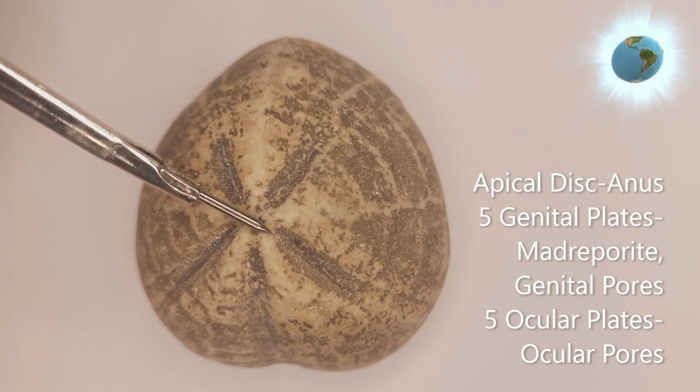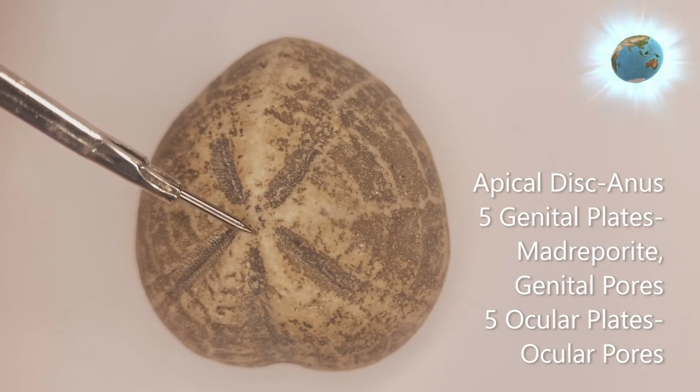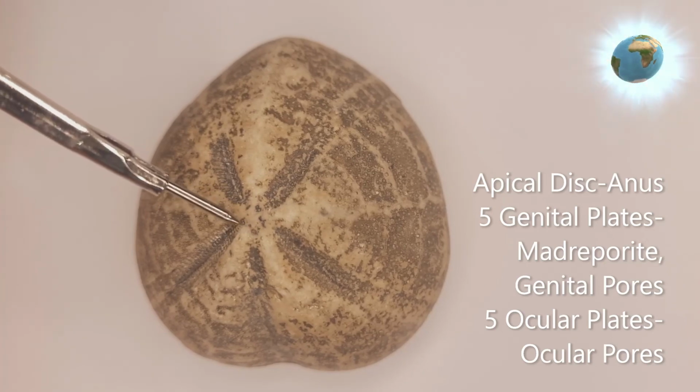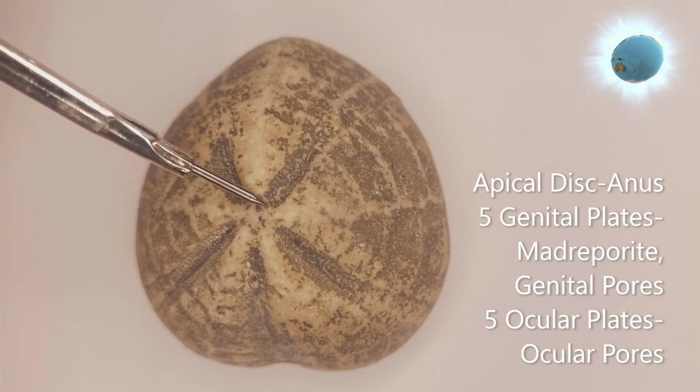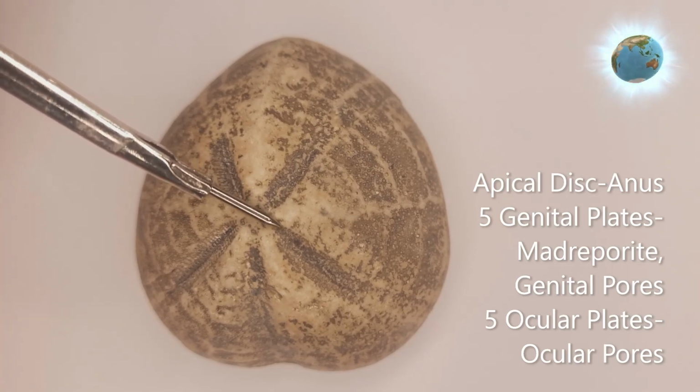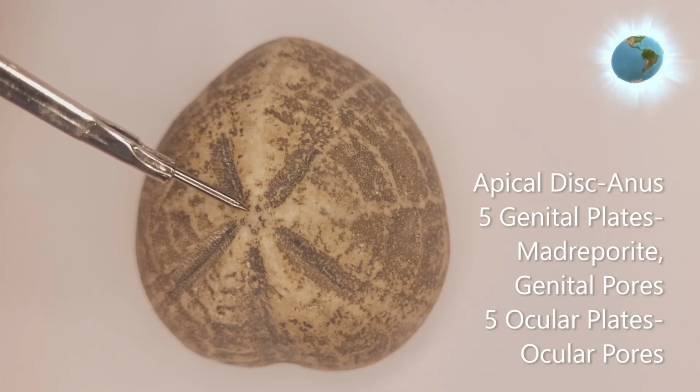Between these two, second ocular plate, third ocular plate place, fourth ocular plate place, and fifth ocular plate place. So 1, 2, 3, 4, and 5 ocular plates are there.